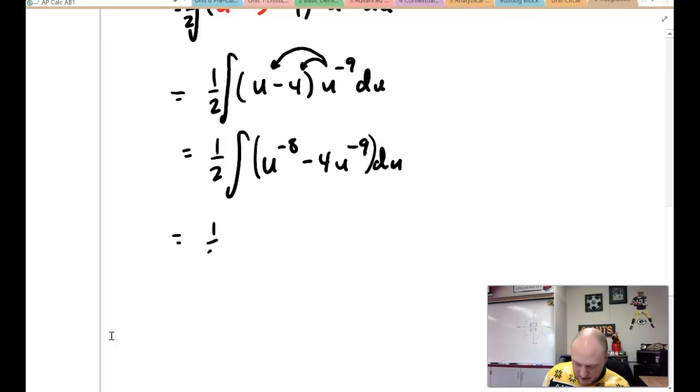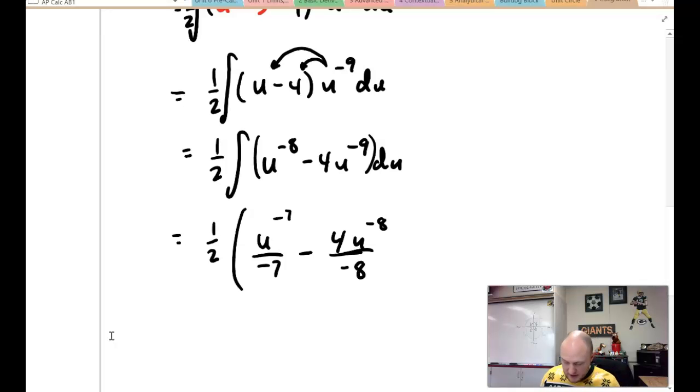So now I have 1/2 times u to the power of negative 7 over negative 7 minus 4 times u to the power of negative 8 divided by negative 8 plus c. All right, so I just went ahead and I integrated.